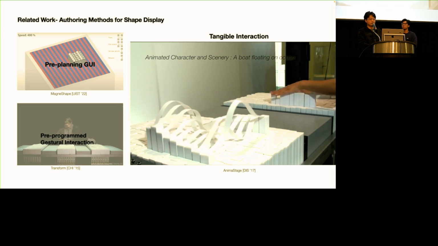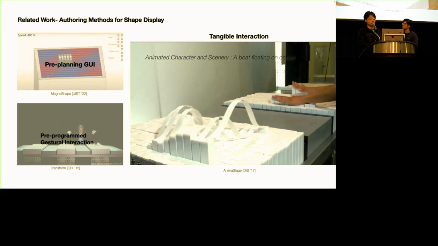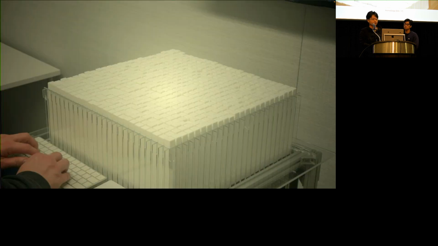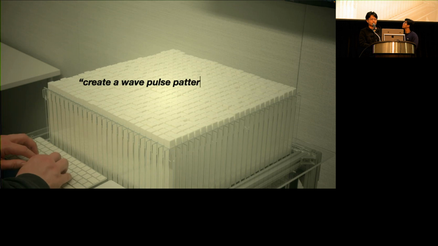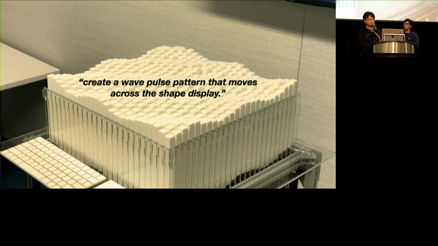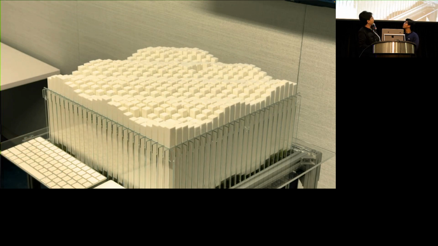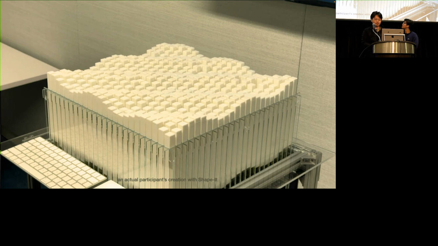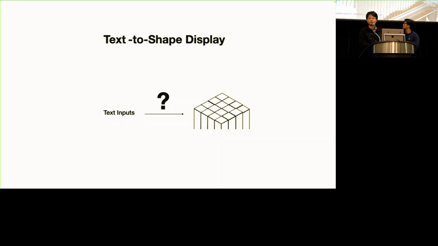What's more, you can also sync your tangible touch input to visualize the wave effect on the shape display. But what if, just by asking the shape display, create a wave pulse pattern that moves across the shape display? This is an actual participant creation when using our system.